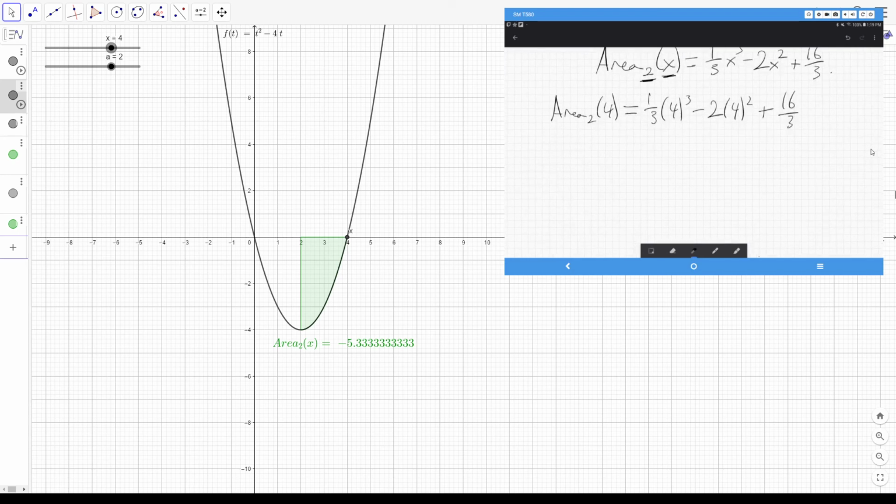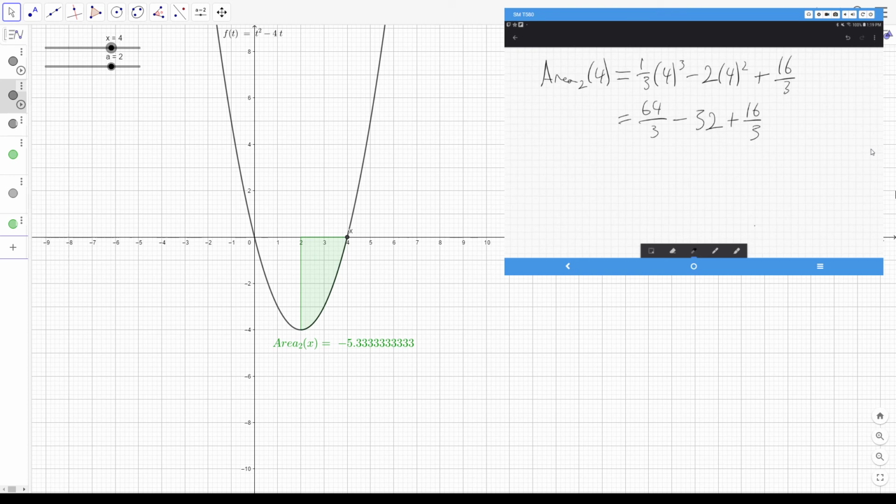Let's figure out what we get. 4 cubed is 64, that's 64 thirds, minus 32, plus 16 thirds. And 4 squared times 2 is 32.